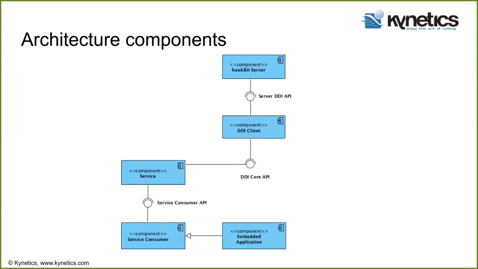In particular, we decided to split this application into two pieces, a library, which is called the DDI client, and a background service, which is an actual APK. And we wanted that APK to provide APIs, which we call the Service Consumer API, that allowed third-party applications to configure the service and talk to it.